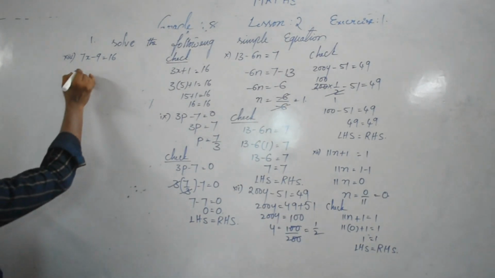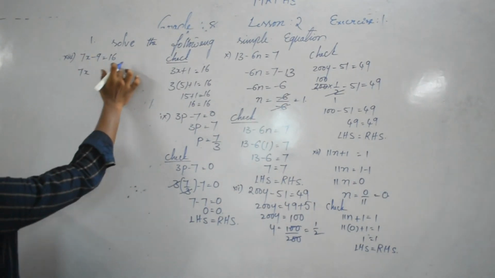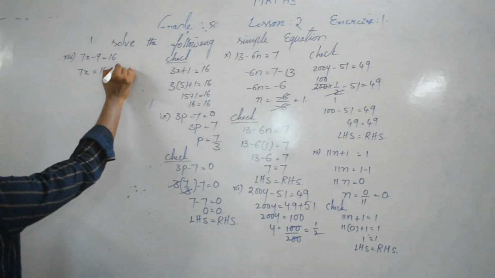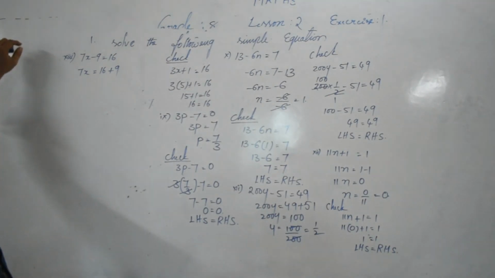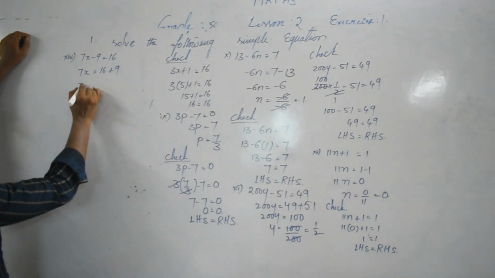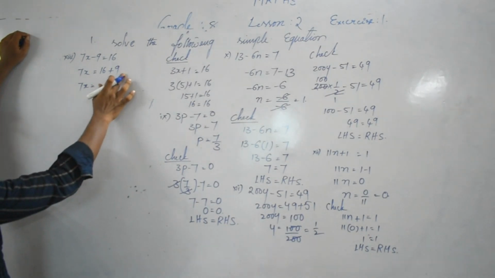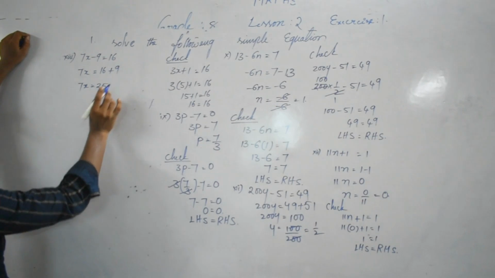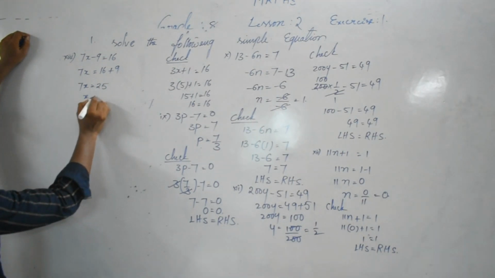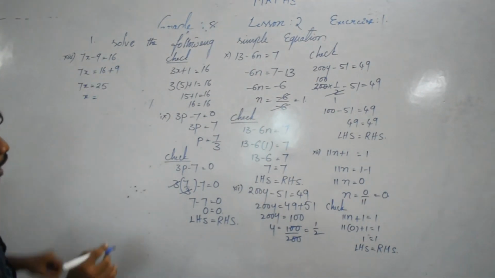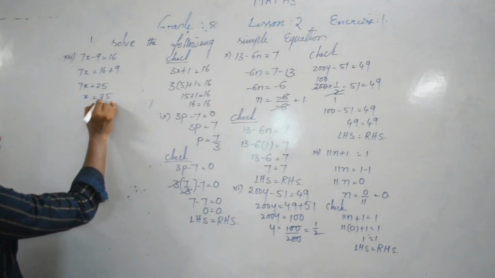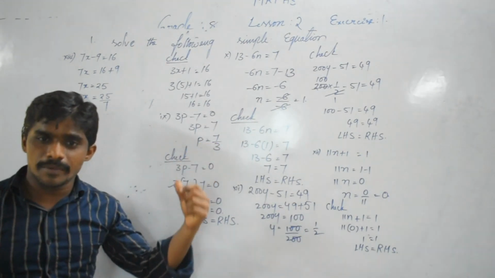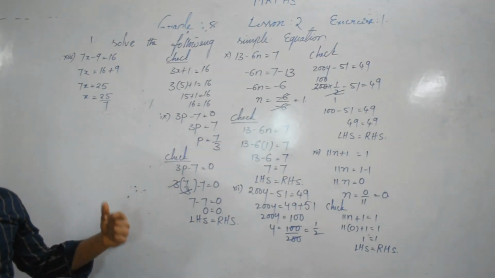So 7x, 9 moving to RHS, 16 plus 9. So 7x equal to how much? 25. So x equal to, 7 moving to RHS, 25 by 7. So here x value is 25 by 7.